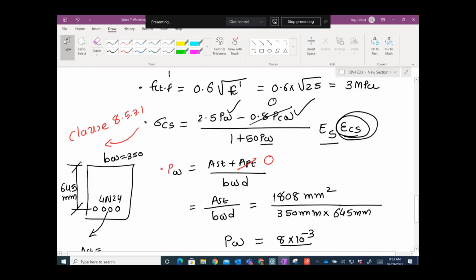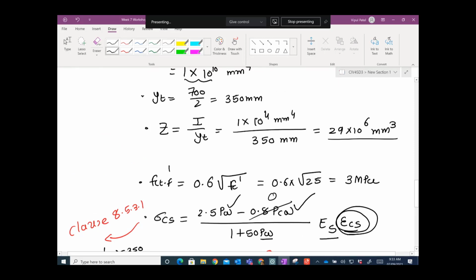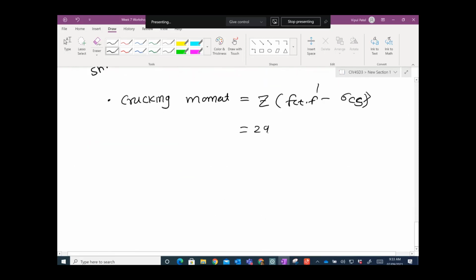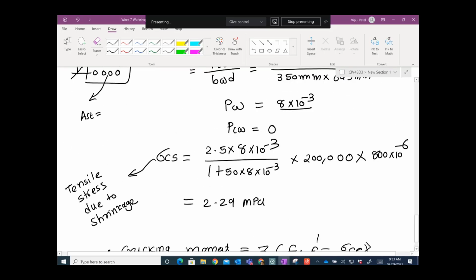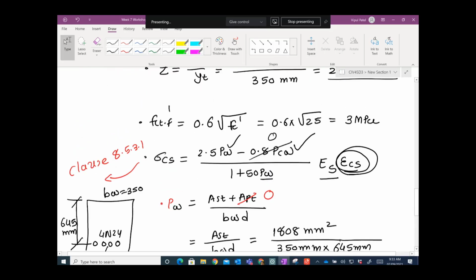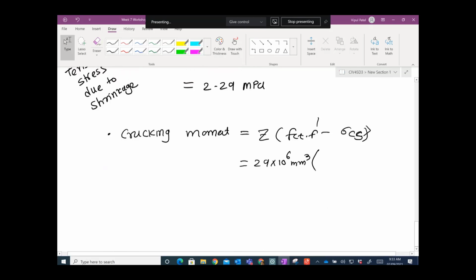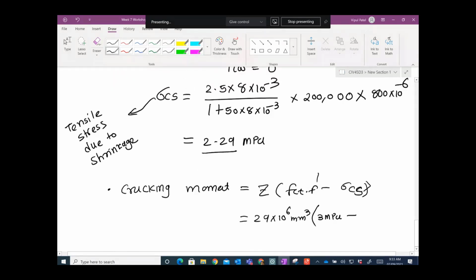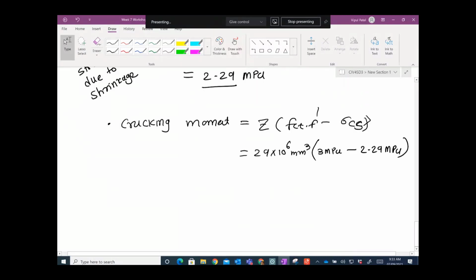The Z value we calculated here, 29 times 10 to the power 6 millimeter cube. FCT.F we calculated, 3 megapascals. Take away the shrinkage stress we calculated, 2.29 megapascals. If you just simplify that, you will get the cracking moment of 20.4 kilonewton meters.